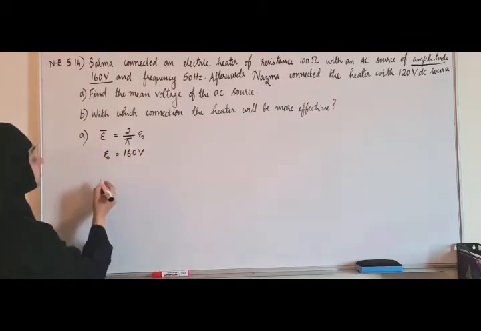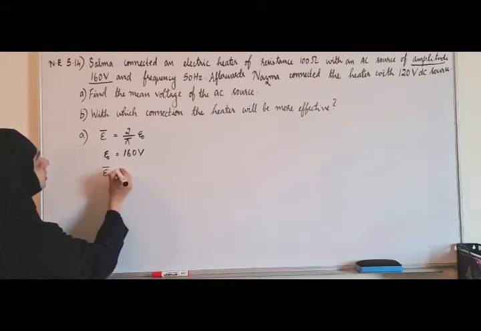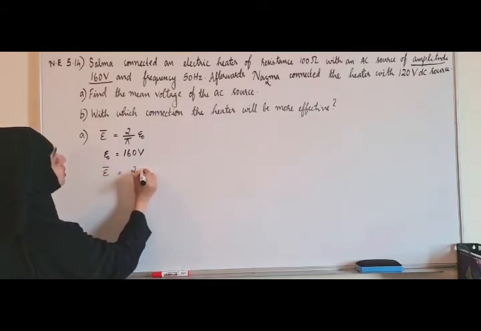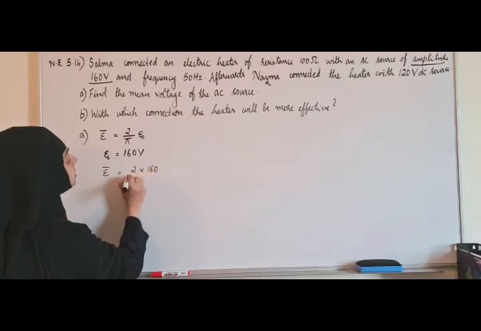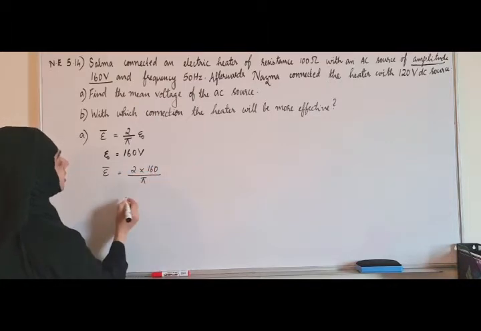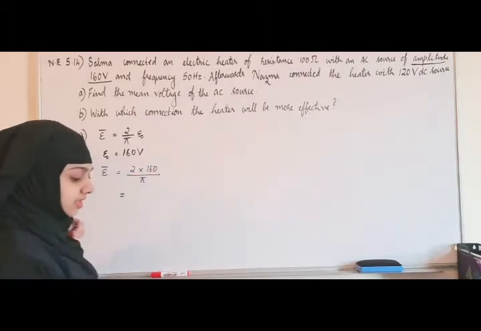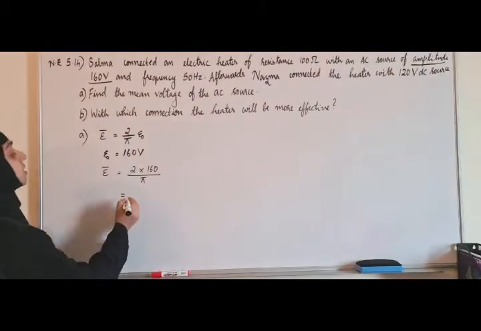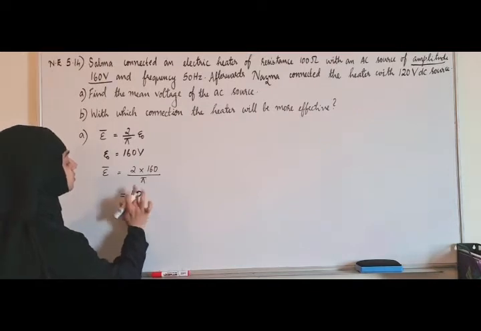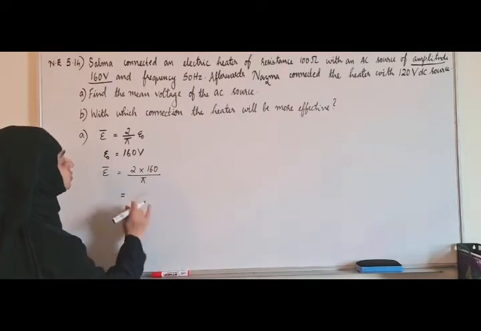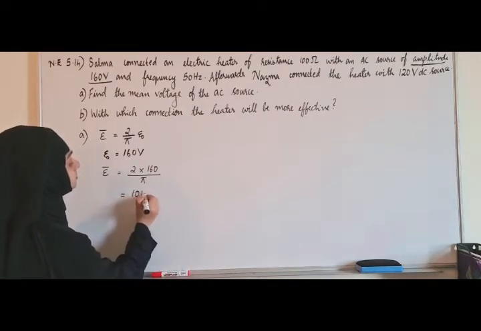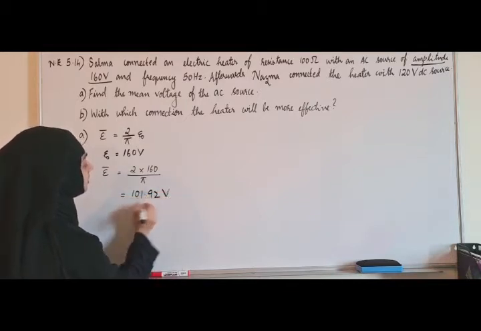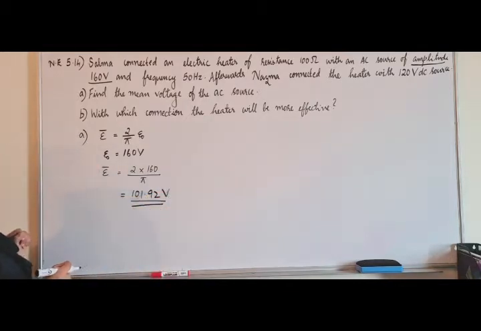So we will get E bar is equal to 2 times 160 divided by pi. And when you solve that, you will get the answer as equal to 101.92 volt. So this is the mean voltage. That is for part A.